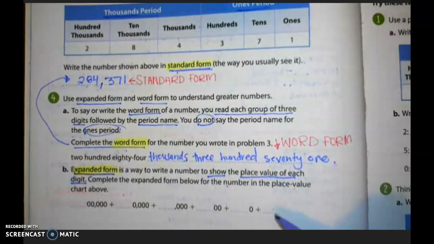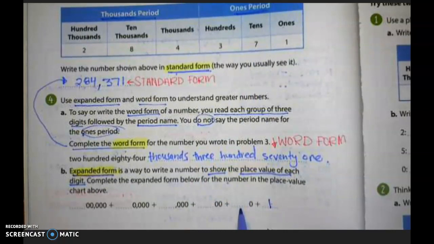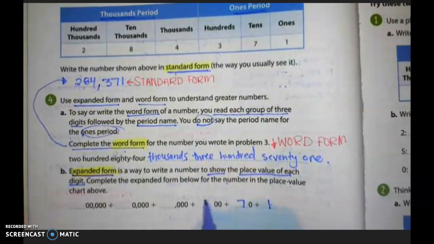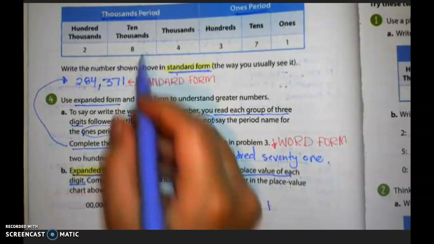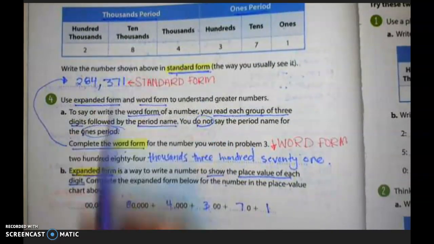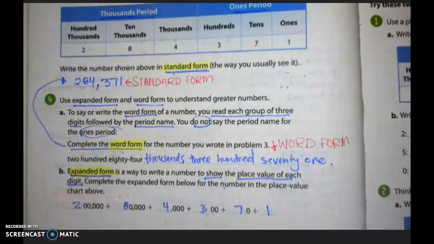Díganme. 1, bueno. ¿Qué número va aquí? 7. ¿Qué número va aquí? Muy bien. So, esto está escrito en expanded form.